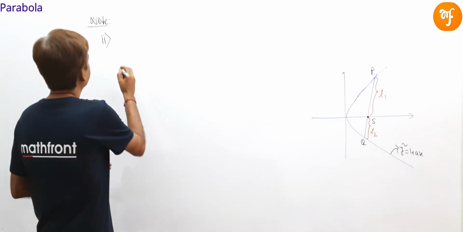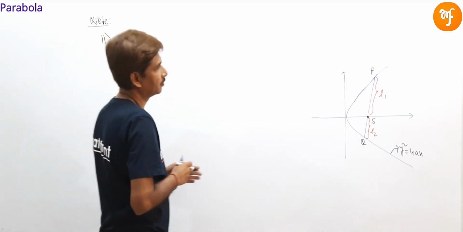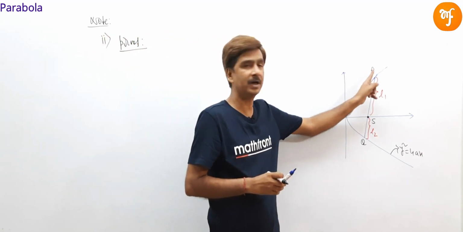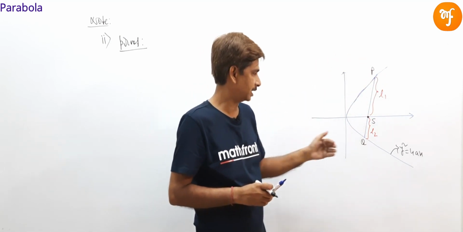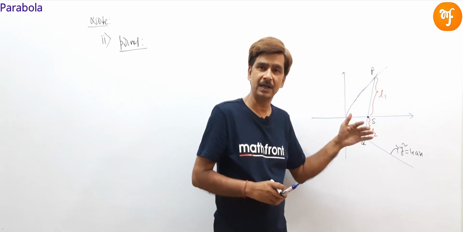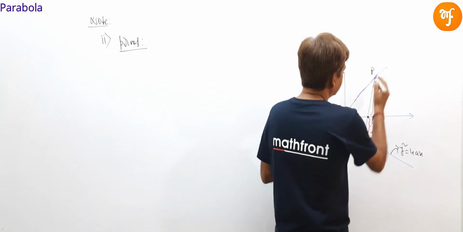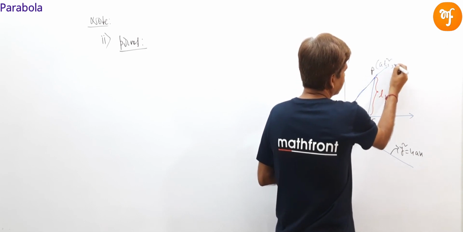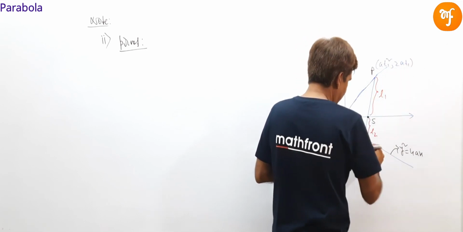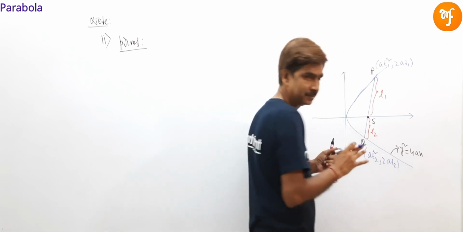For this, first of all we assume the coordinate of the point P is (at1 square, 2at1) and the coordinate of the point Q is (at2 square, 2at2).